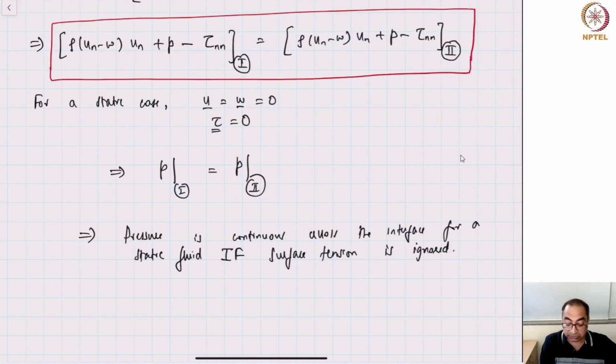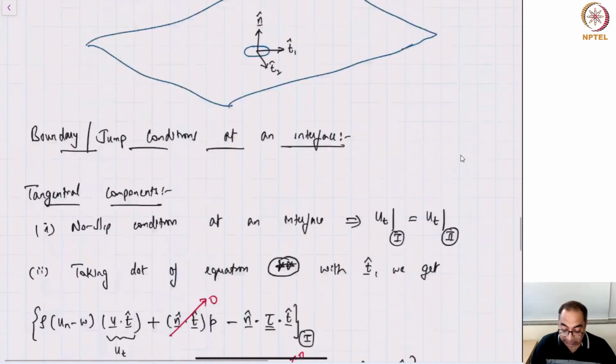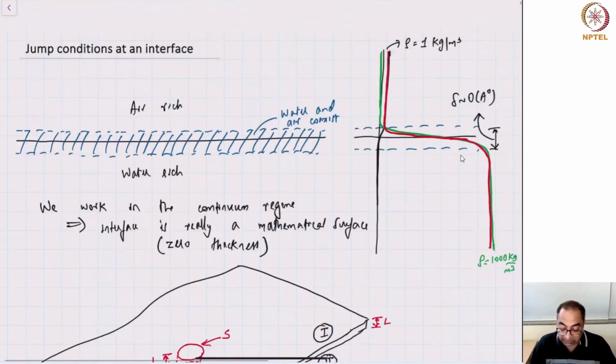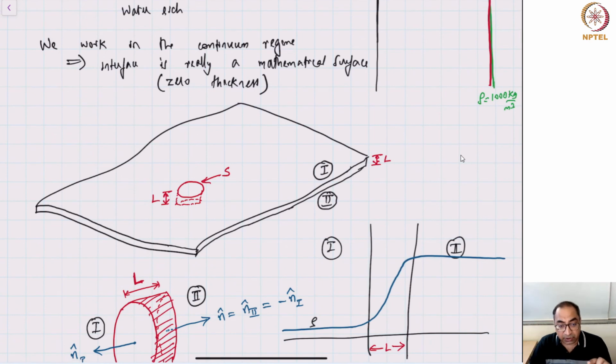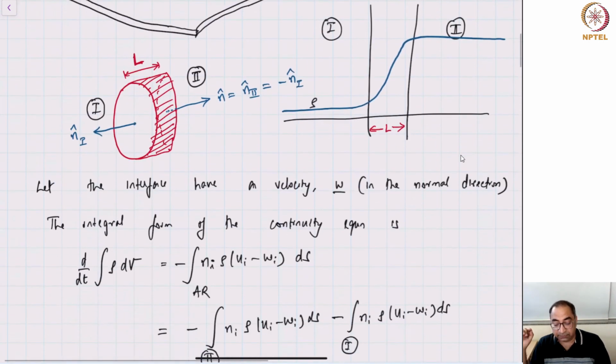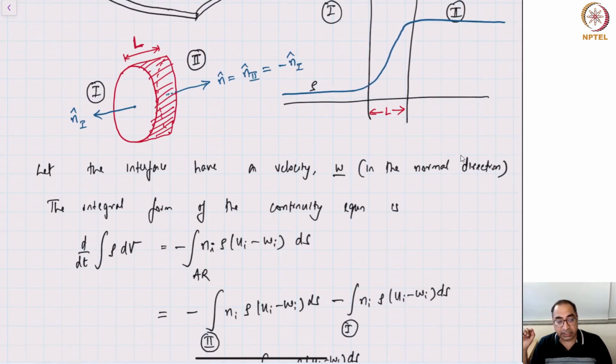Just to quickly recap what we have seen in this lecture: we started by assuming that the interface is actually a region of finite thickness. We considered a small volume, a sheet of finite thickness. We considered a small elemental area on that of area S, and for this area S, it has three faces.